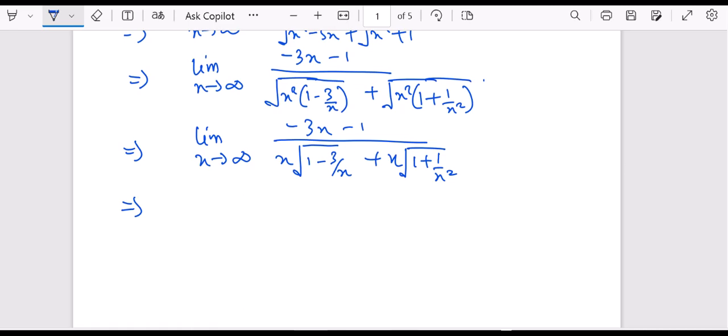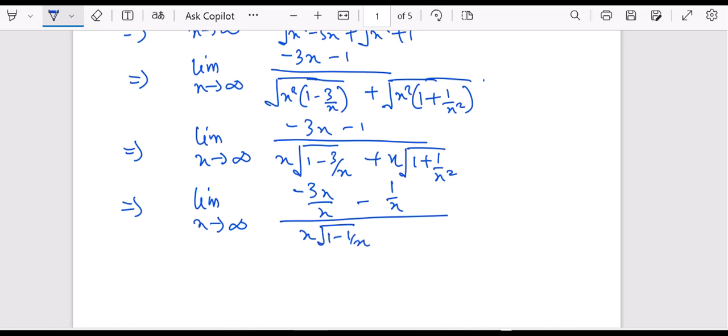So this implies that we have the limit as x approaches infinity of negative 3 over x minus 1 over x, all over x root of 1 minus 3 over x, plus x root of 1 plus 1 over x squared, all this over x.